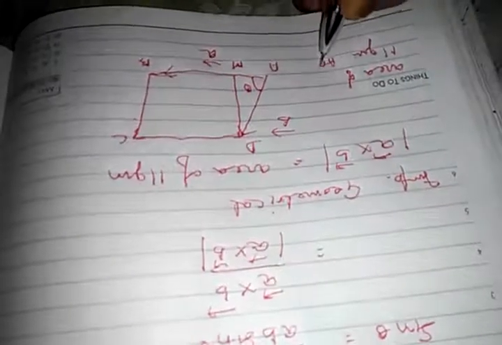What is the area of parallelogram ABCD? It is equal to base into altitude, AB into DM, right?